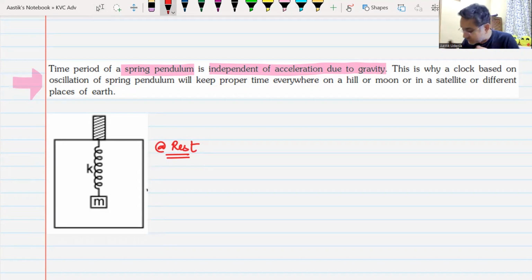What will be the omega for this one? It is kept in a lift. The omega squared will be equal to k by m because the lift is at rest. Do we understand this?